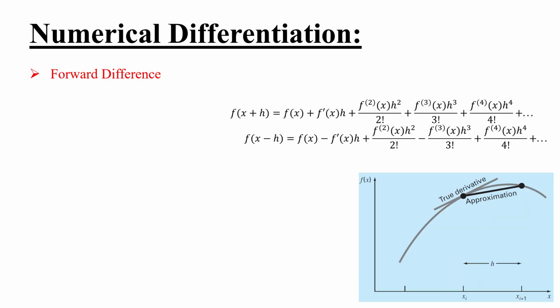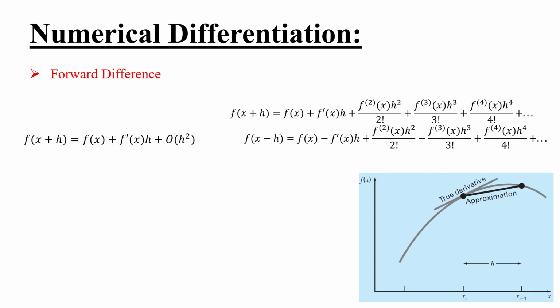So the idea is that if you have a true value here, in forward difference we are using the next point to approximate this derivative. So we are actually using f of x plus h to calculate the derivative. We call it forward difference. Because we are interested in first order differentiation, we avoid all the other terms and write them as big O of h, meaning higher order terms, because they are based on h squared.